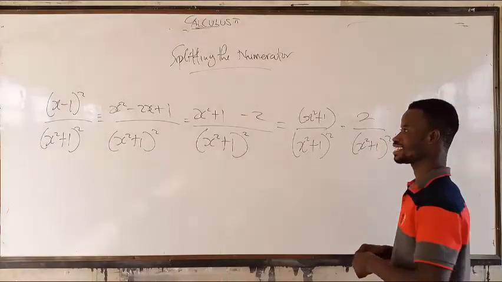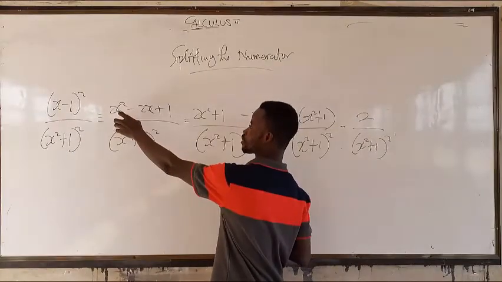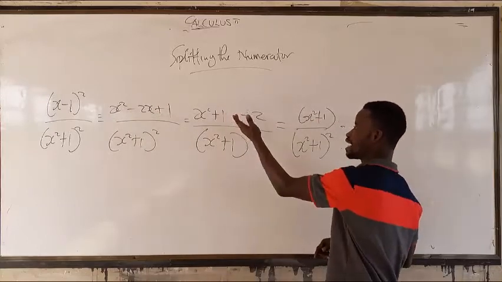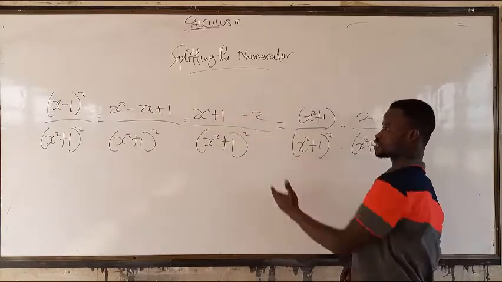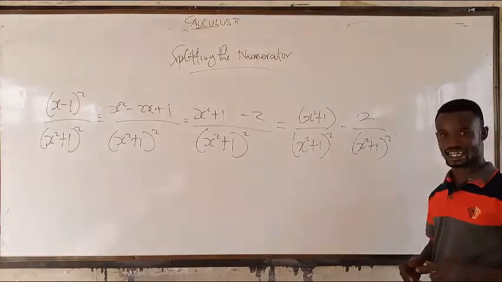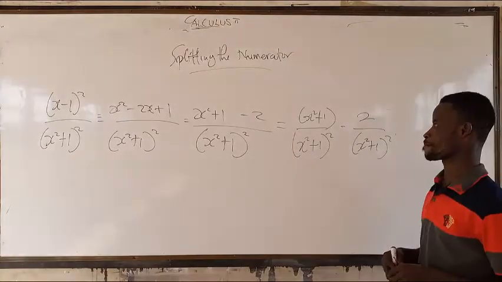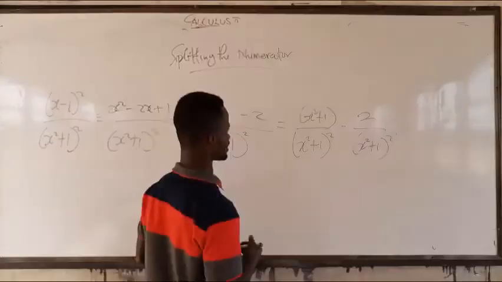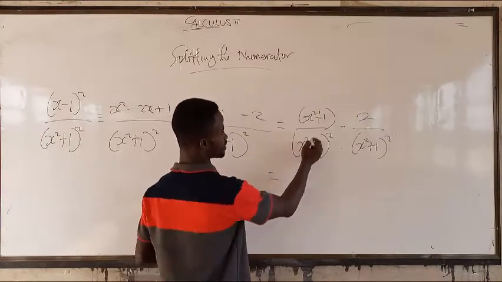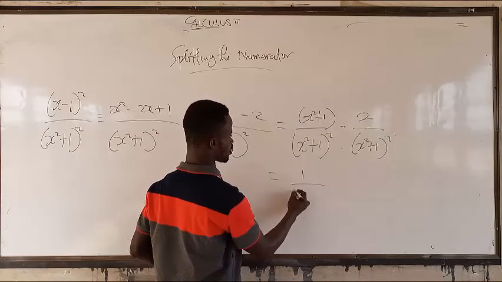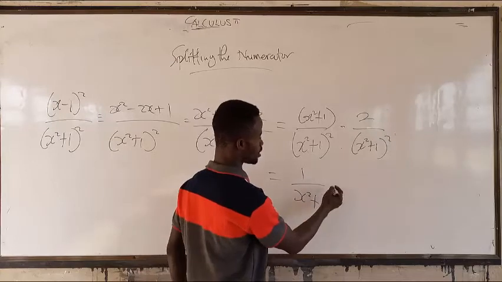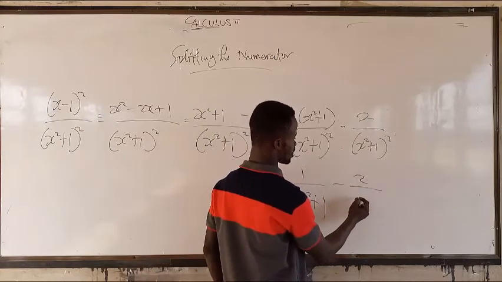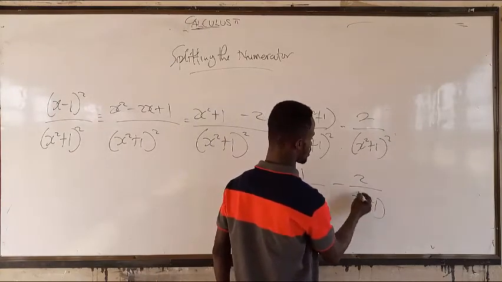Because we have s squared plus 1 here, you can write s squared plus 1. That's why I shift this part, so that you can see clearly what I want to present to you. Very good. So with this, you can see that this will cancel one of these, so we get 1 over s squared plus 1 minus 2 over (s squared plus 1) all squared.